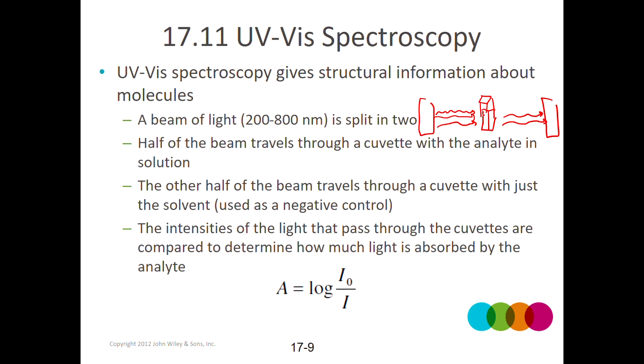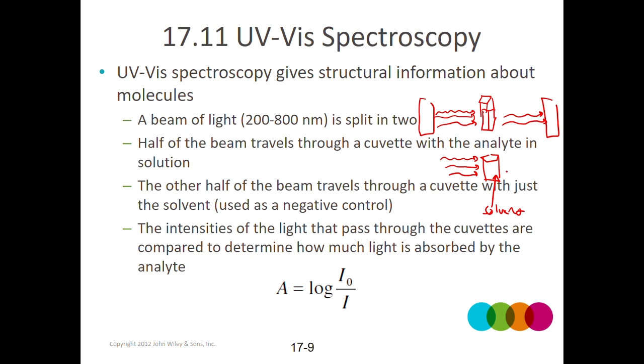So in order to do this properly, though, the light is actually split into two beams. So you have it go through your cuvette with your sample in there, and you have the same wavelengths going through a cuvette that has just the solvent. Because the solvent, it may absorb some UV light.